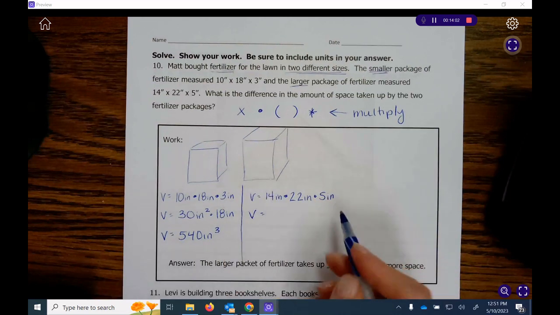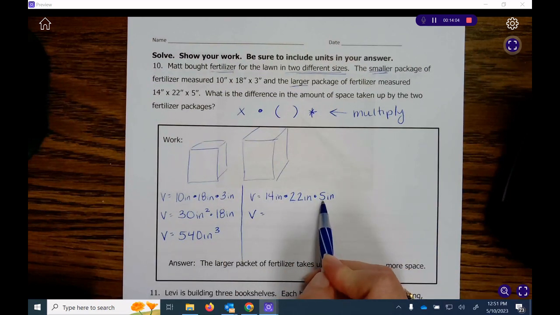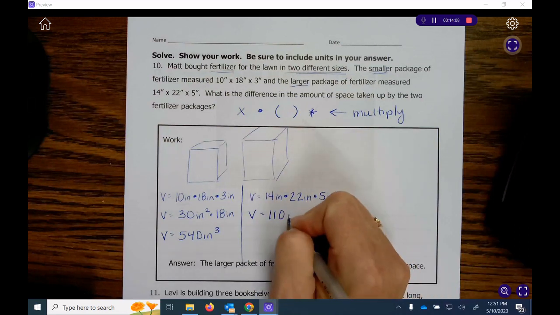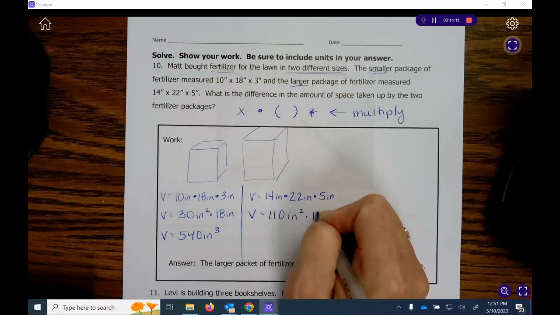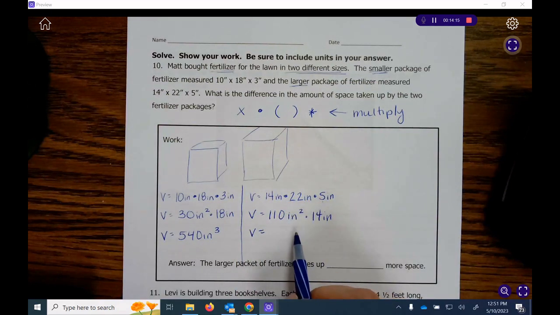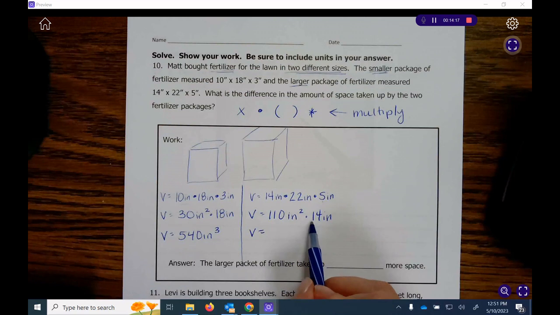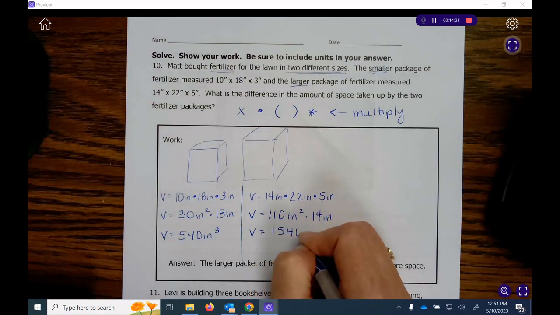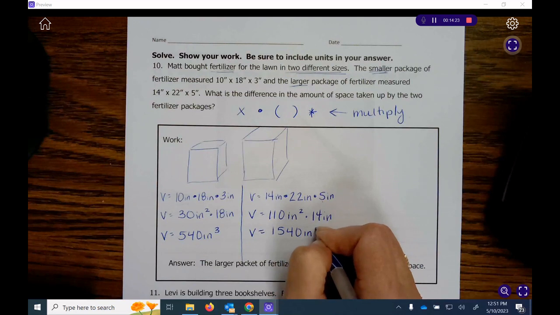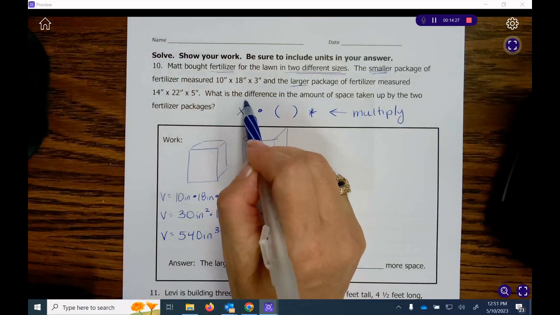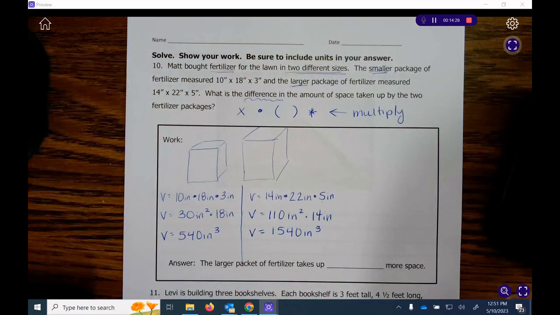Here, I'm going to multiply 22 times 5, because I can do that in my head, and that equals 110 inches squared times 14 inches. Okay, so 110 inches squared times 14 equals 1,540 inches cubed.